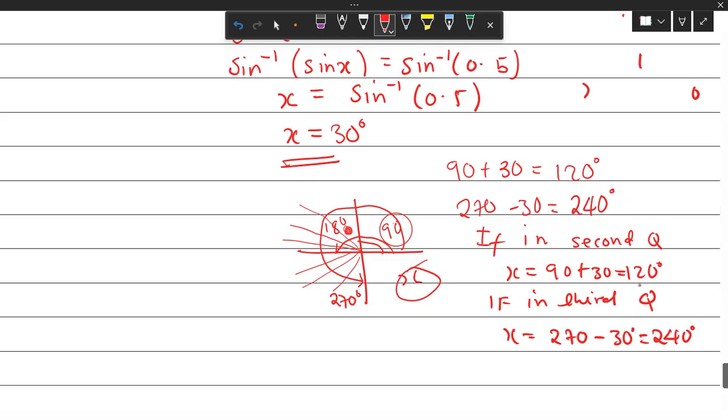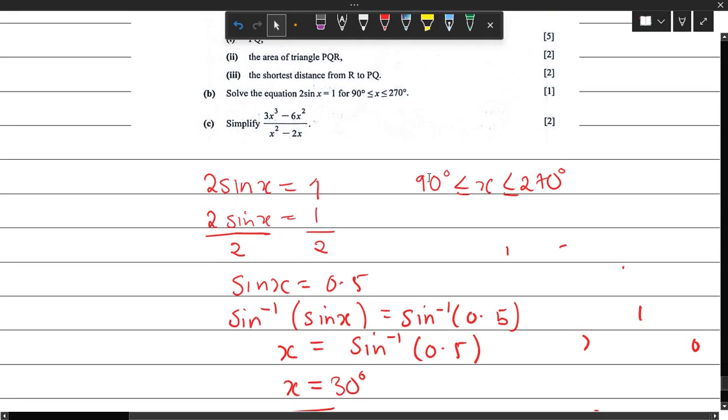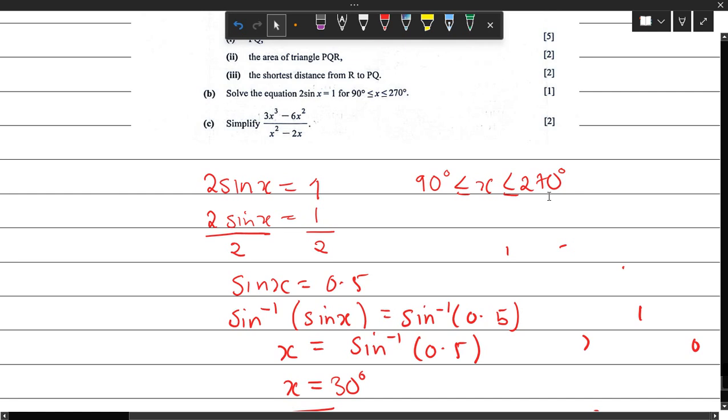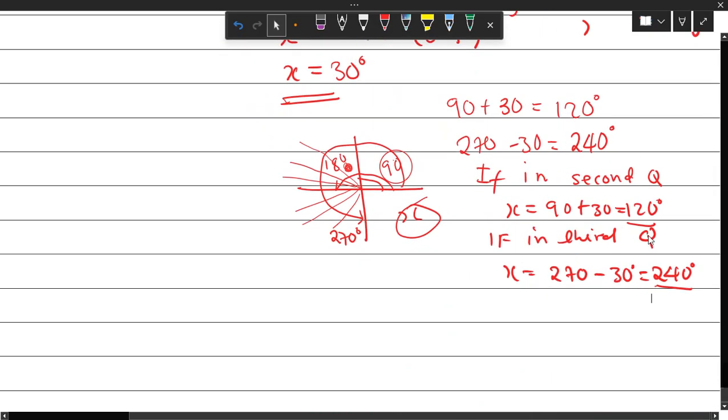So it can be this or this. Hope you have understood. The condition we've been given is x can't be less than 90. It can be 90 or greater, but it should be less than 270. So meaning x lies in between here. So the value of x, you can choose either to be 120.